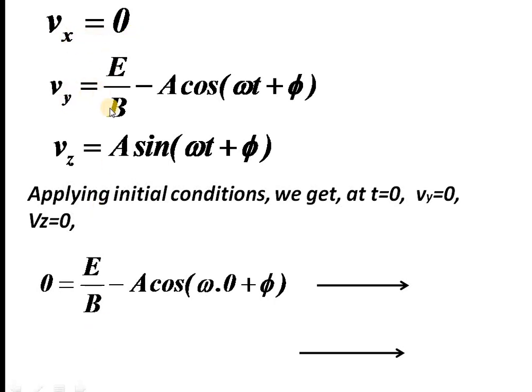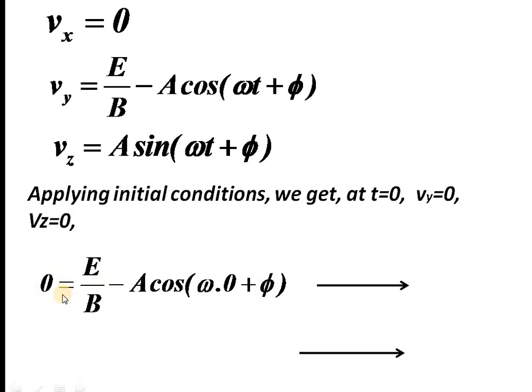But vy will become E by B minus A cos(omega 0 plus phi) equal to 0. So then what happens? This will be cos phi, because omega times 0 is 0.